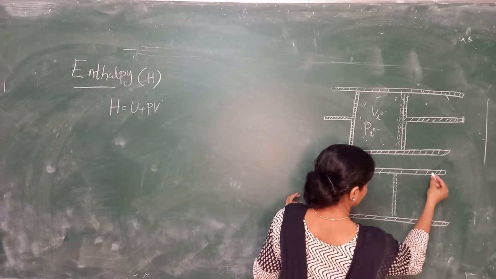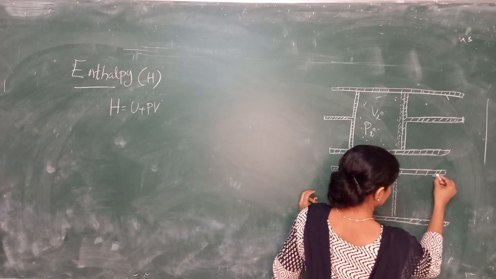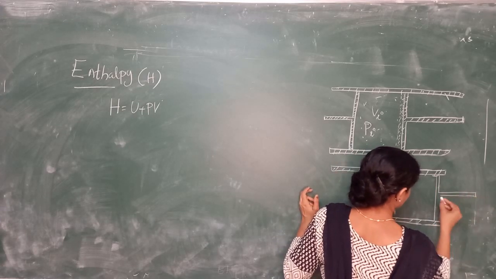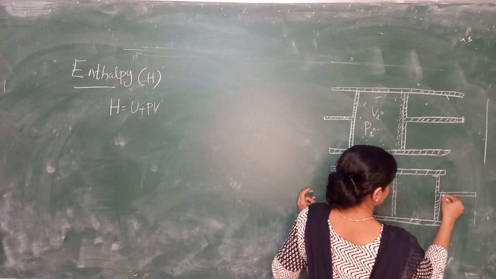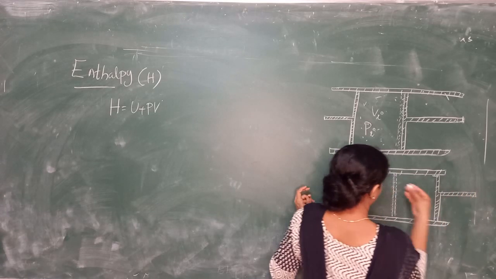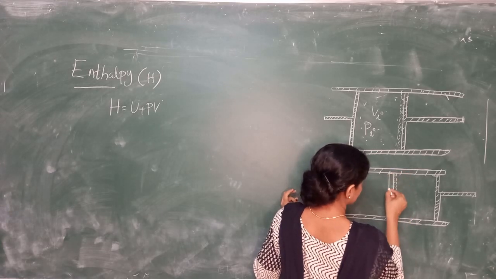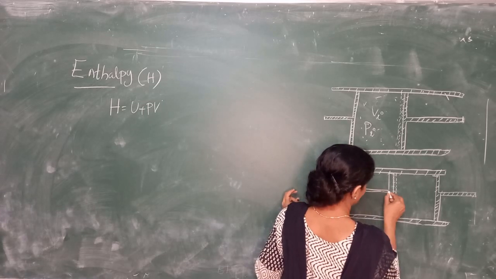What is the final condition here? Finally, the piston of the second chamber is here, and after all the gas is moved to the other side, the first piston comes close to the porous wall.